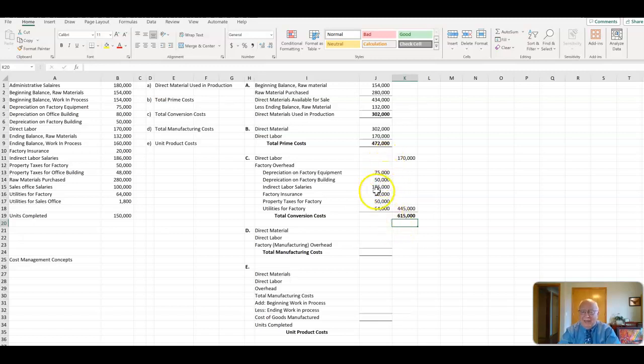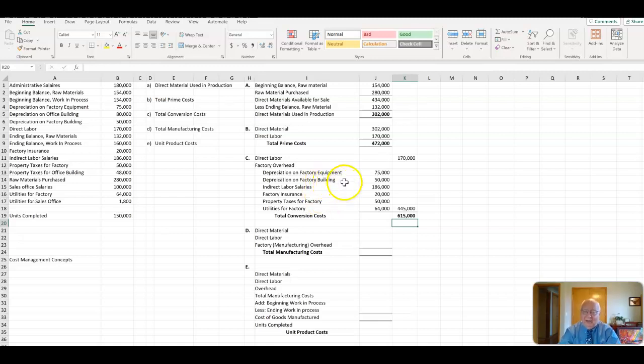Now this is not all. You notice the key on the factory overhead is that it has something to do with the factory, like the depreciation on factory equipment, depreciation on factory building, factory insurance, property taxes for the factory, factory utilities. If it deals with the office building, it does not go in part of the conversion costs, or factory overhead, because that is not part of the production process, and that's what we're looking for, anything that costs production.